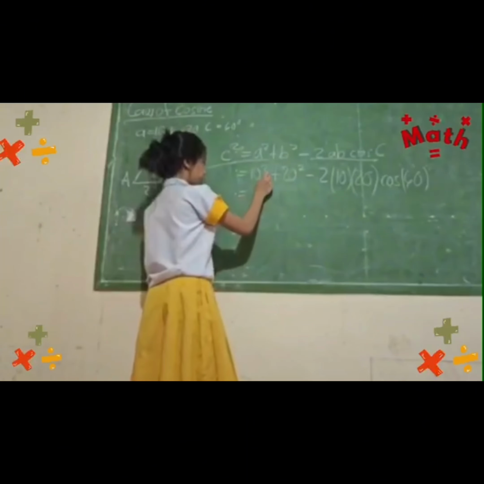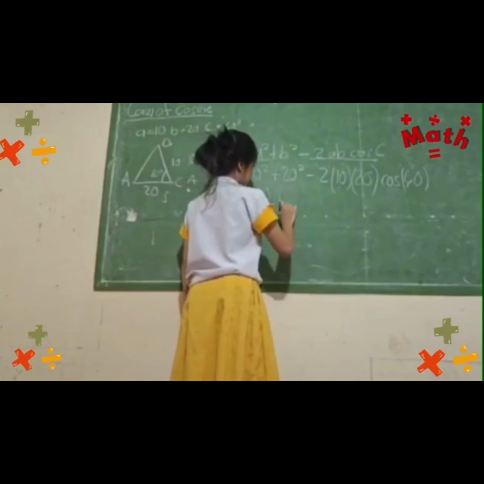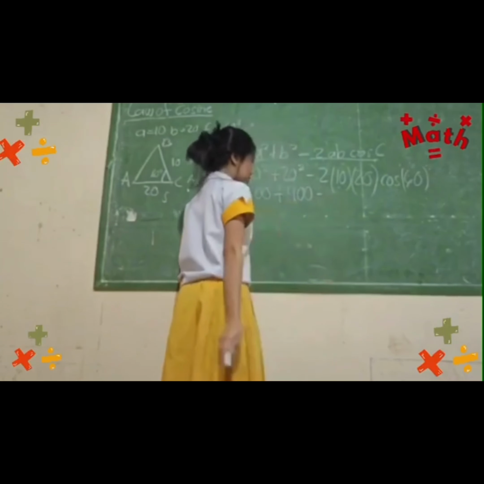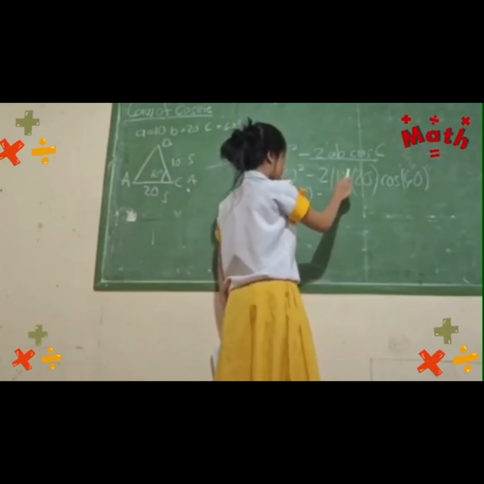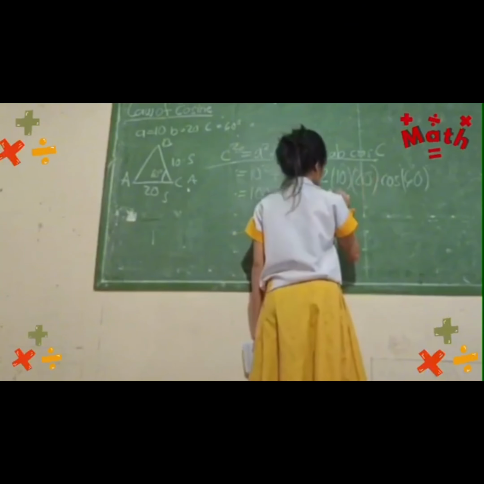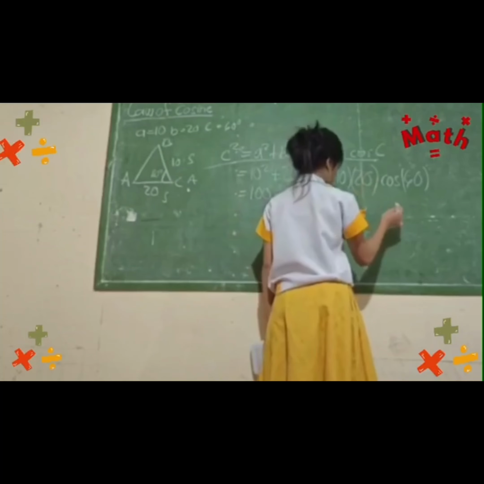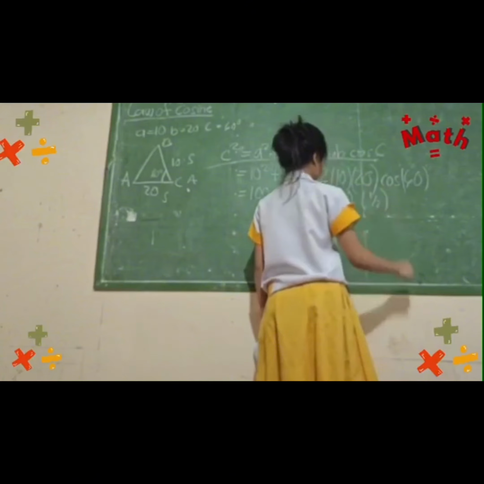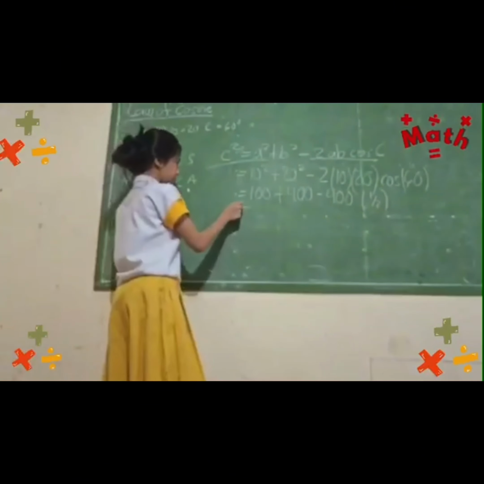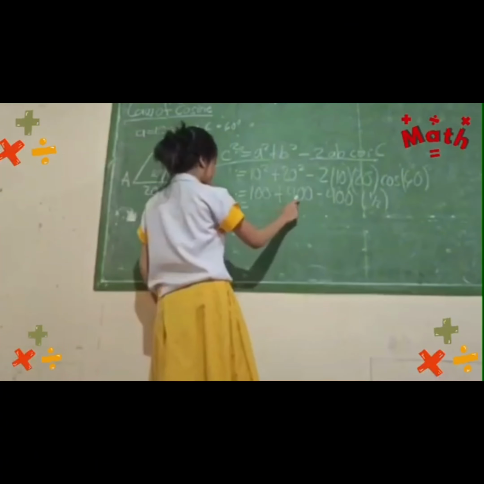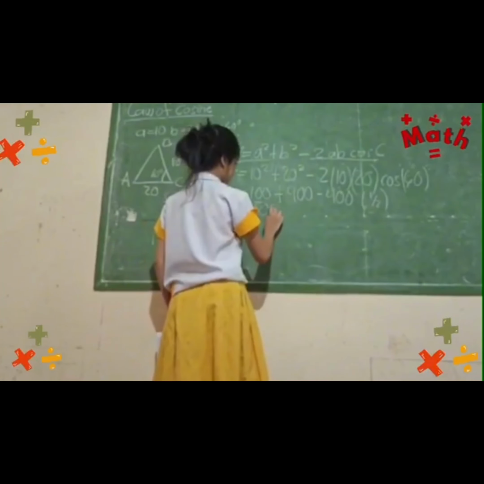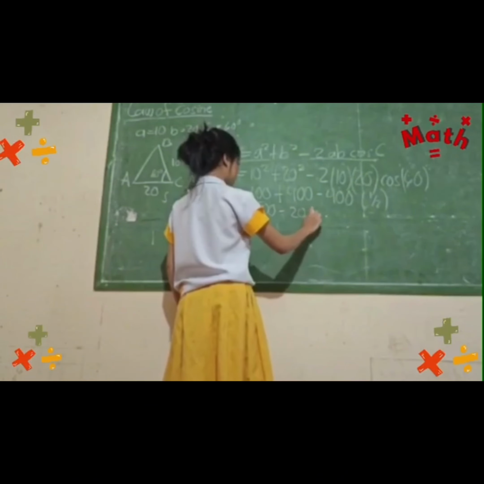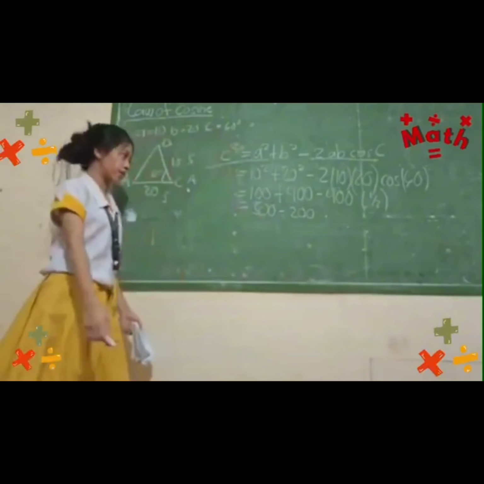So 10 times 10 is 100, plus 20 times 20 is 400, minus 2 times 10 times 20, which is 400, times cosine 60, which is half.